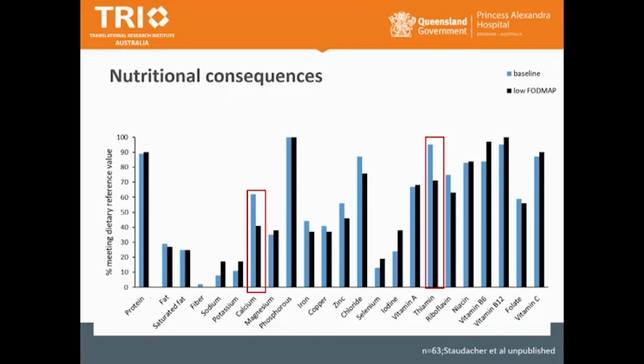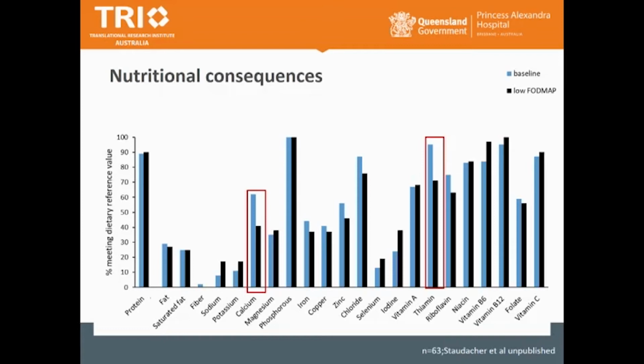But actually, again, we see that calcium intake was perhaps a problem. Fewer people could meet their requirements on the low FODMAP diet, and we also see the same thing for thiamine. And this might be because we're asking people to reduce their wheat intake, and wheat products often come fortified with B vitamins.